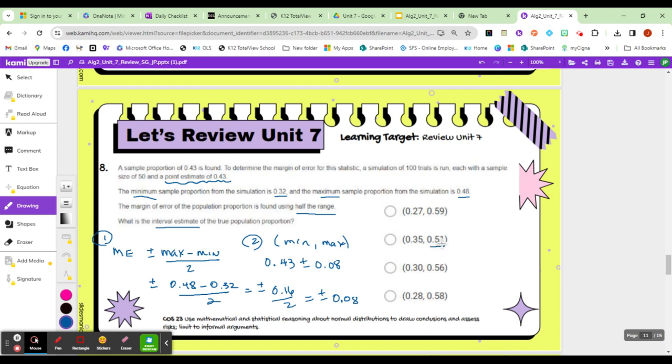And then if we do 0.43 subtract 0.08, that's going to give us the min of 0.35. So that's why we're going to pick that second one. So 8 was a little bit harder because it had 2 steps. We had to find the margin of error first, and then we had to go back to the problem and take the point estimate and then add the margin of error to get the max, and then subtract the margin of error to get the min.